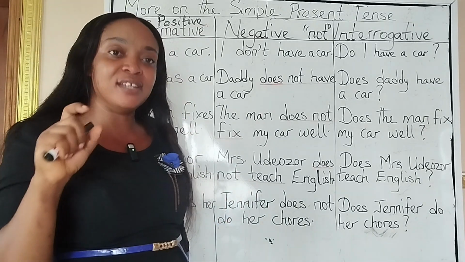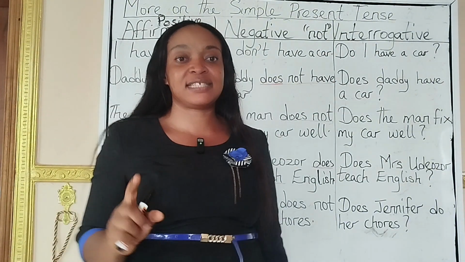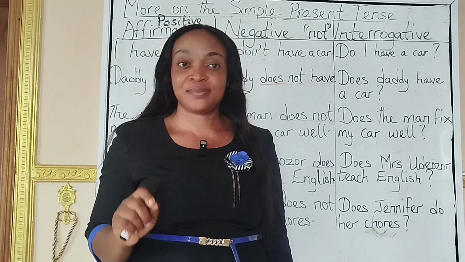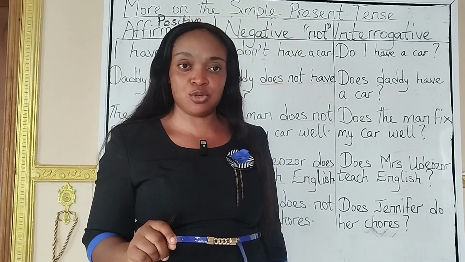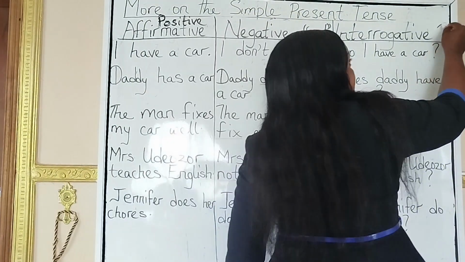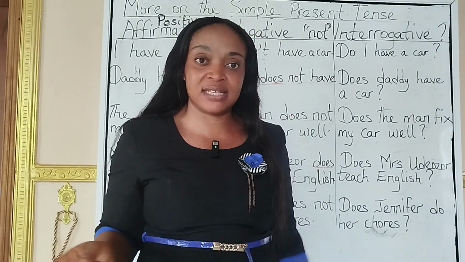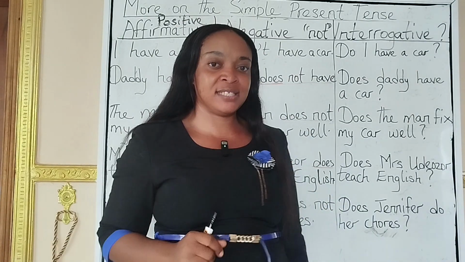It's an adverb, not. Okay, an interrogative sentence is that sentence that asks a question. So, when you want to talk about an interrogative sentence, make sure you put a question mark at the end. This is an indicative that the very sentence is a question, and we call it interrogative.